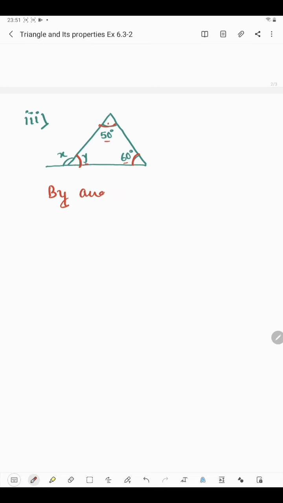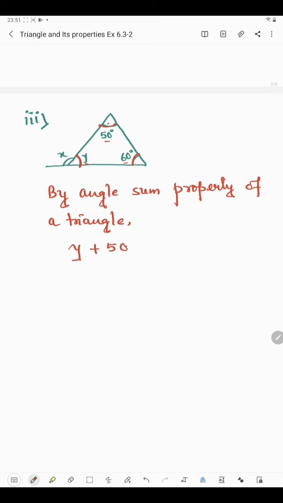So we'll write, by angle sum property of a triangle, y plus 50 degree plus 60 degree is equal to 180 degree. Now if you add 0 plus 0 it is 0, 5 plus 6 is 11.